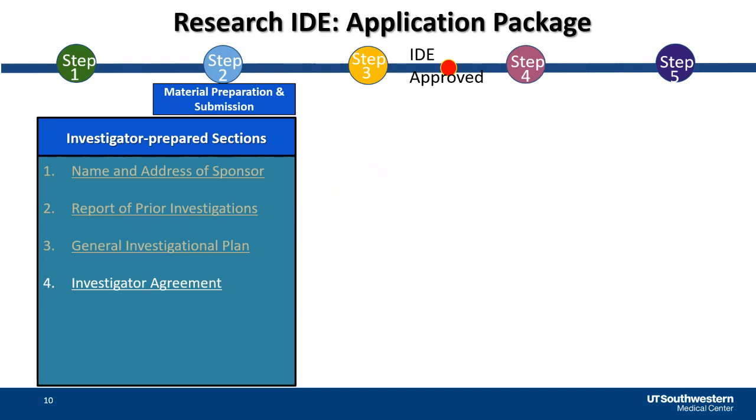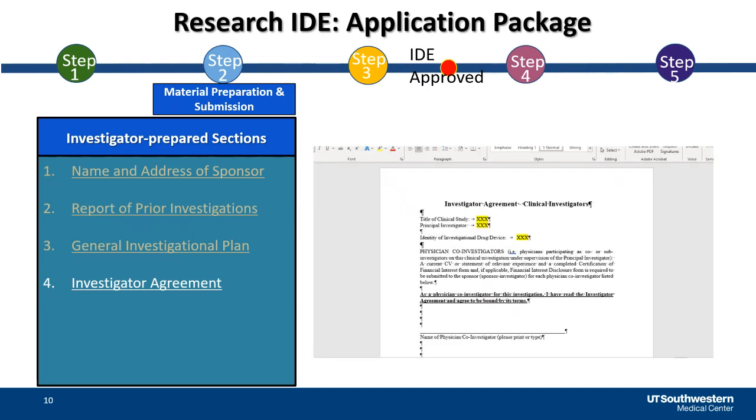Investigator agreement. The investigator agreement is a document indicating that all researchers using the investigational device will use it in line with the approved protocol and the principles of GCP, and that they will provide sufficient documentation to the FDA to prove their appropriateness for inclusion.